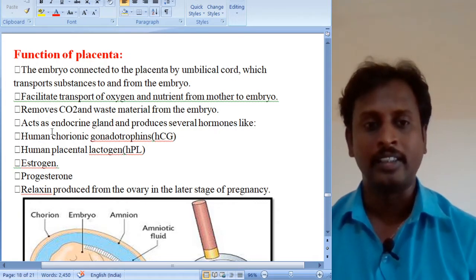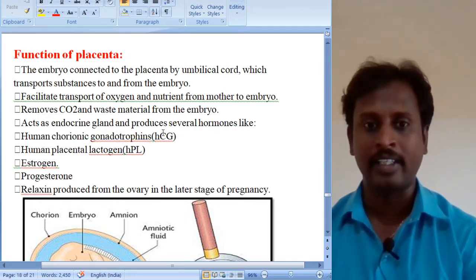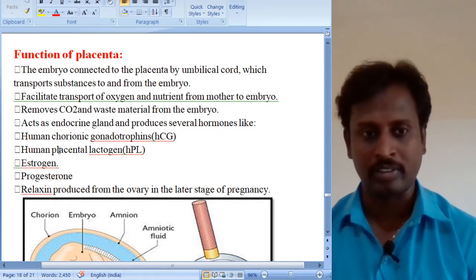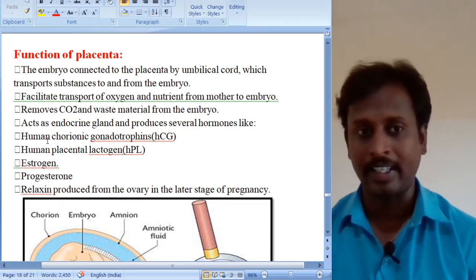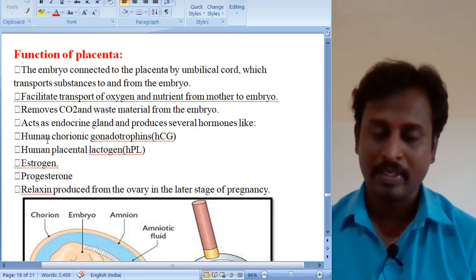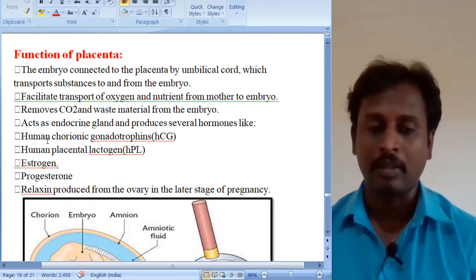It acts as an endocrine gland and produces several hormones. What are the hormones secreted by the placenta? Sometimes they may ask in the examination, what are the types of hormones secreted by the placenta?